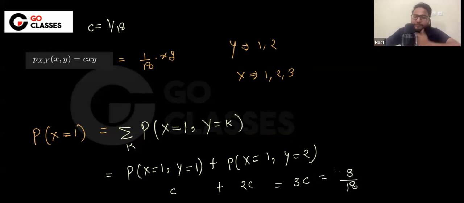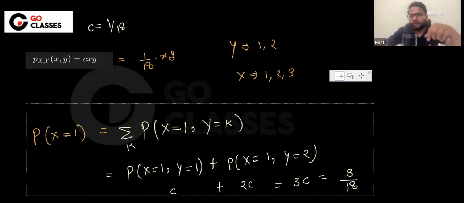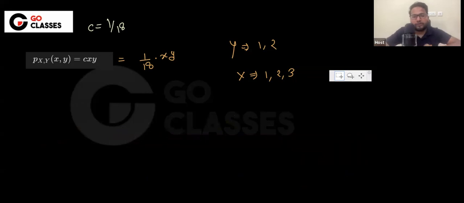Now similarly, you can find the probability of X being 2. What is the probability of X being 2? What you can do is make a joint distribution table itself, which means you can find all of these values first.